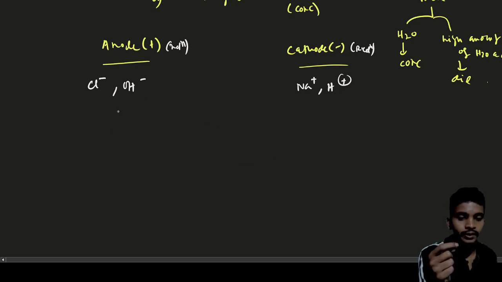Now the thing is, which will discharge, Cl minus or OH minus at the anode, and at the cathode which will gain electrons, Na plus or H plus. So the competition will start. If more than one is present, then obviously competition will start between them as to which will go.